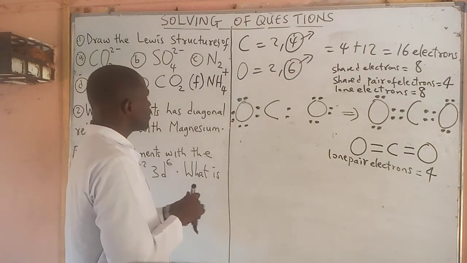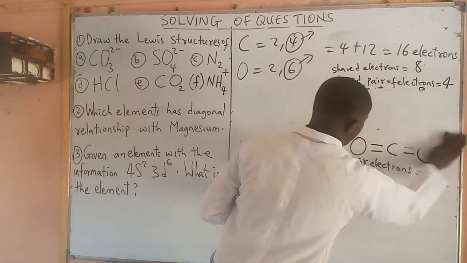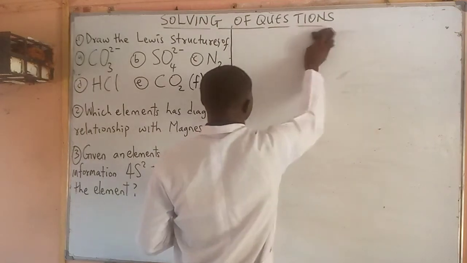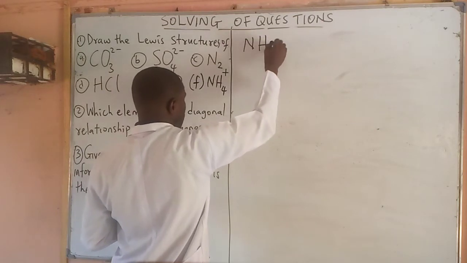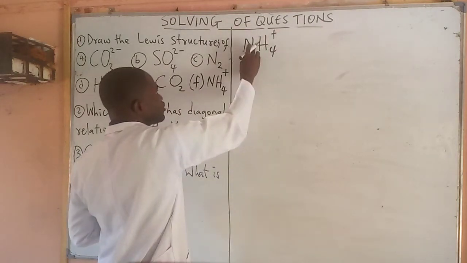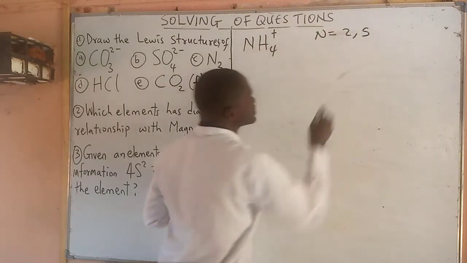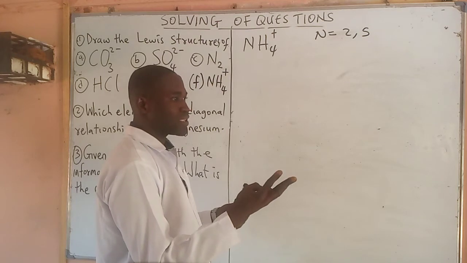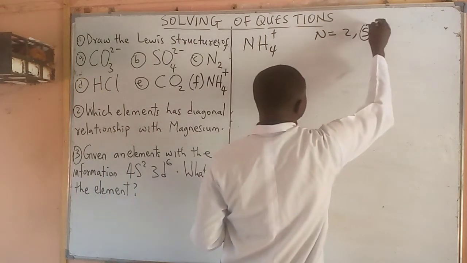Now question F says a polyatomic cation. For nitrogen it is 2, 5. That is, it has 7 electrons. It is the 7th element in the first 20 elements. So it has 7 electrons, and 5 is the outermost electron.